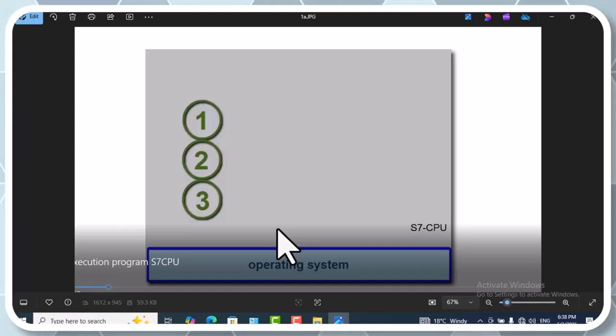The operating system reads all inputs, executes the user programs, updates all outputs, manages the memory, handles the communication, Profibus, Profinet, Ethernet, and monitors the CPU health, including the diagnostics, watchdog timers and faults, and manages the interrupts.